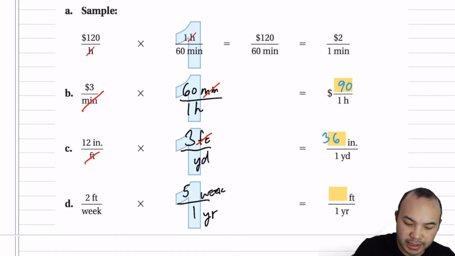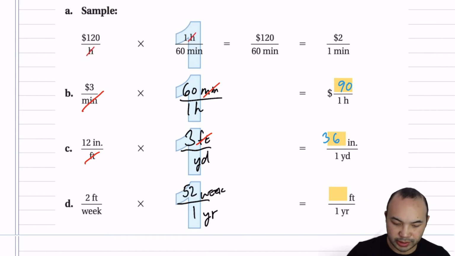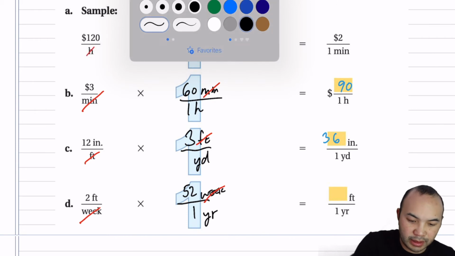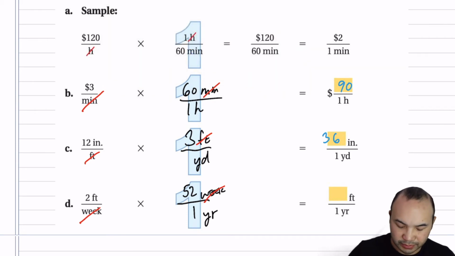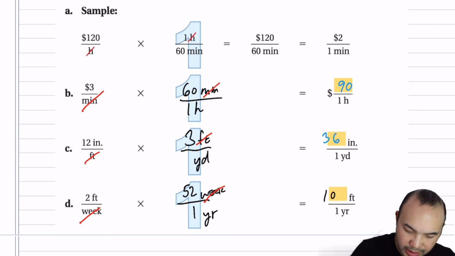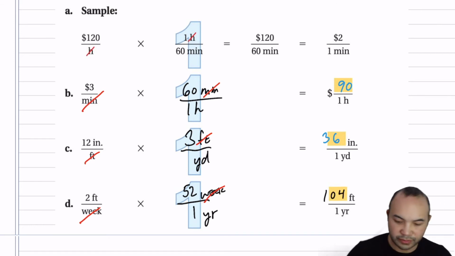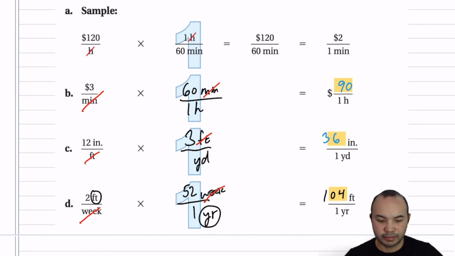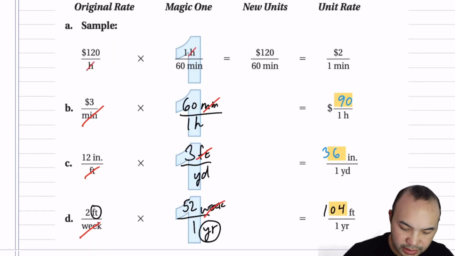We're just going to estimate 52 weeks in 1 year. So the weeks cancel, and then I just do 2 times 52, so that's 104 feet per year, because I'm left with feet on top and years on the bottom, and there are no more weeks. Okay, perfect. So moving on.